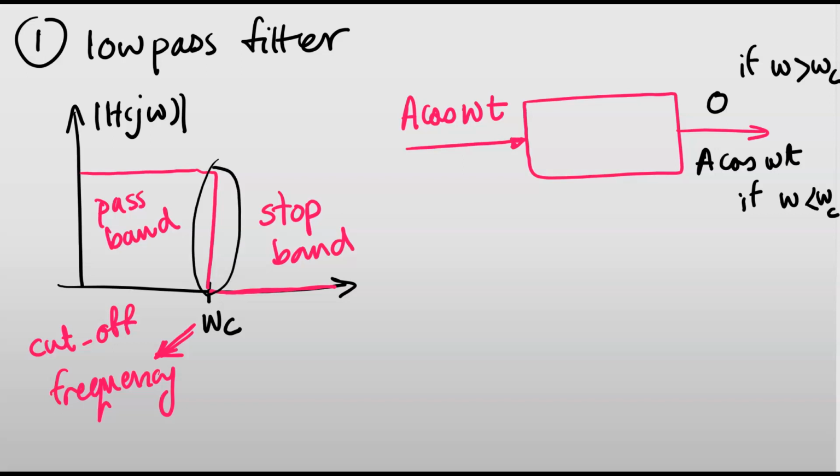The second ideal filter that I want to show you here is the high pass filter. A high pass filter has a relationship which is exactly opposite of the low pass filter. We have a frequency which we call the cutoff frequency, but what happens is exactly the reverse of what happens with a low pass filter.